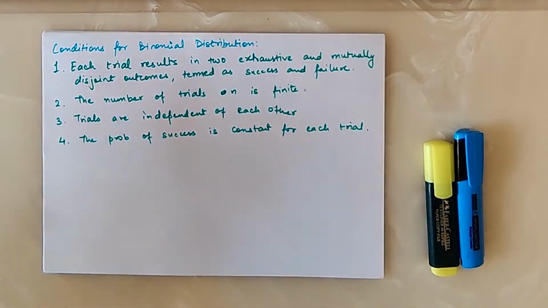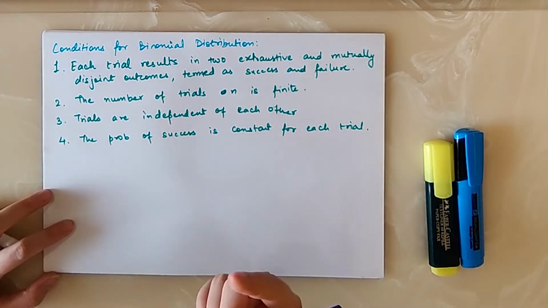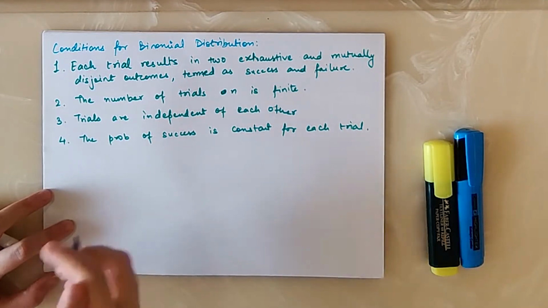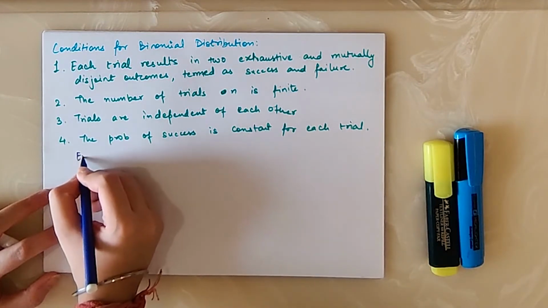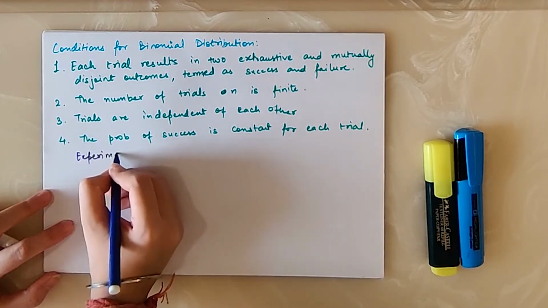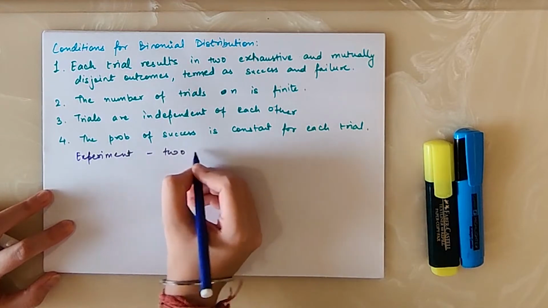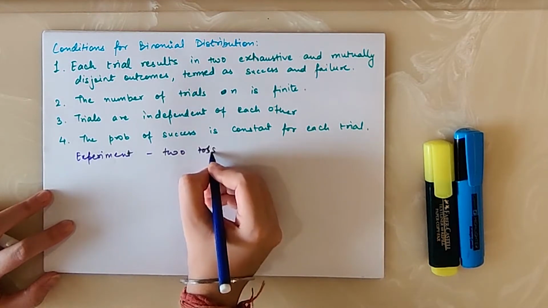First, let's move on to the conditions that are required for binomial distribution. The first condition is that each trial results in two exhaustive and mutually disjoint outcomes, termed as success and failure. Now, let's consider an experiment of two tosses of a coin.